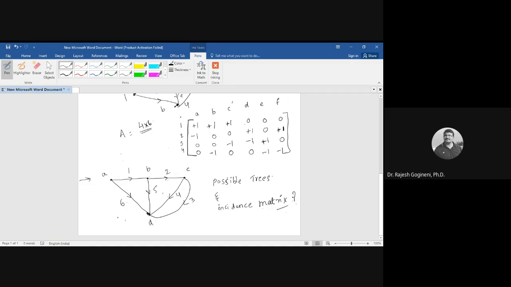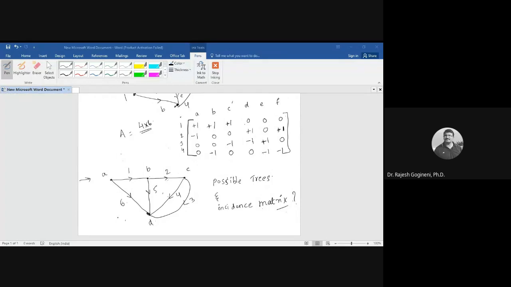What is a tree? What is the definition of a tree? Open circuit. Is it enough? A tree is a subgraph which consists of all the nodes but doesn't have any closed loop, right?